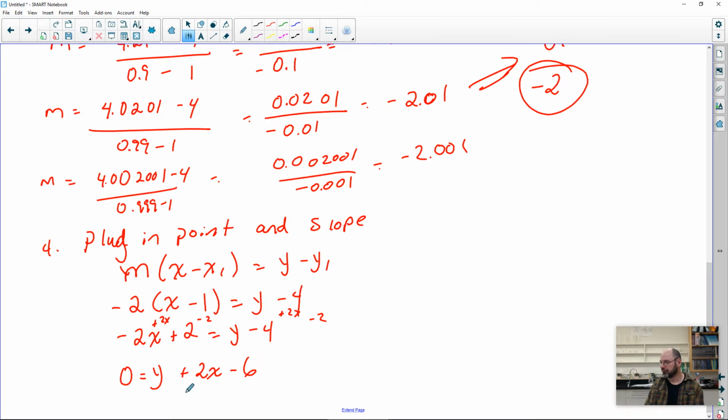There's our equation. Now, if you flipped everything over to the other side, it would also be right. So if everything was over here, it'd be -y minus 2x plus 6 equals 0. Doesn't matter. They both give the same equation. Okay, so that's it for the lesson today.